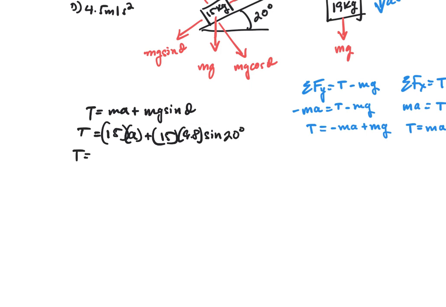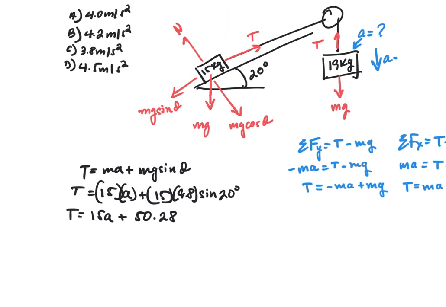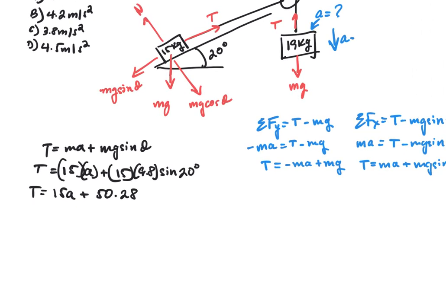So our tension here is 15a plus 15 times 9.8 sine of 20, which comes to 50.28. All right, so we got a tension for the x direction.